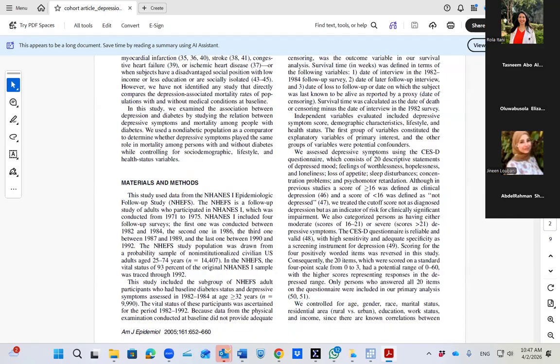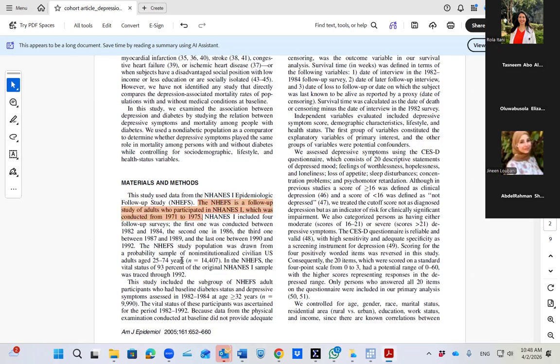They did three follow-ups. They wanted to see the association between depressive symptoms in those that are diabetic and their association with mortality risk. They also used a non-diabetic group to assess the effect of depressive symptoms on mortality risk.